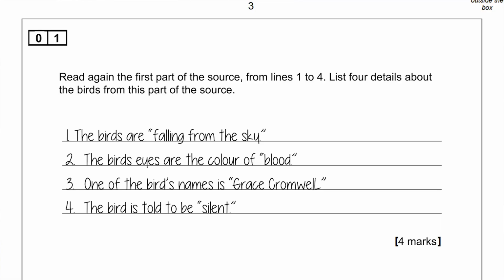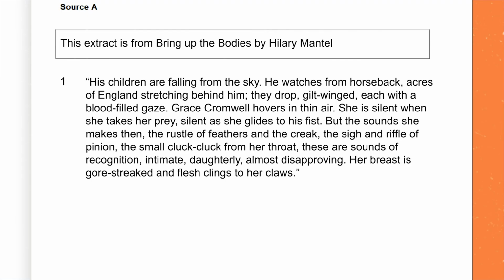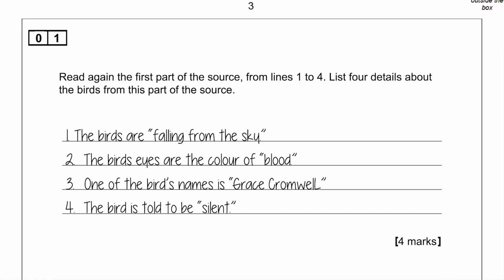What's wrong with number 2 and number 4 though? In number 2, though the word blood is used to describe the bird, the way we have written it in our sentence isn't actually true. The sentence in the text says that the bird has a blood-filled gaze, maybe meaning it's angry or bloodthirsty, but it doesn't tell us that the bird's eyes are literally filled with blood, so the description we've picked up on isn't literally true and therefore wrong.